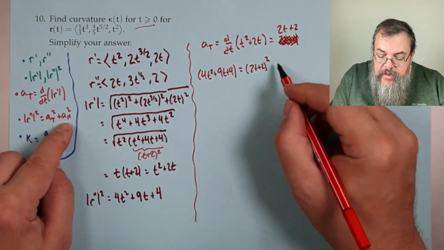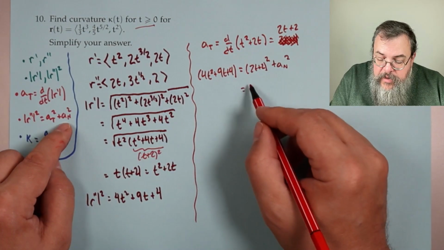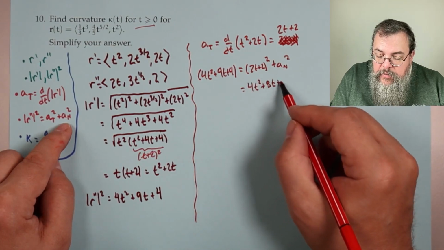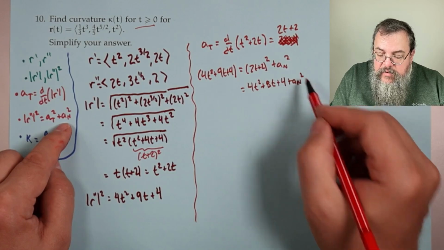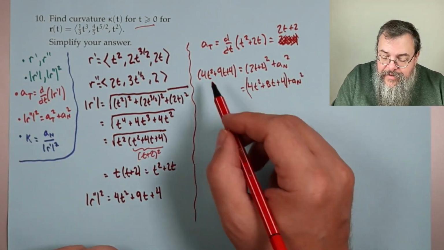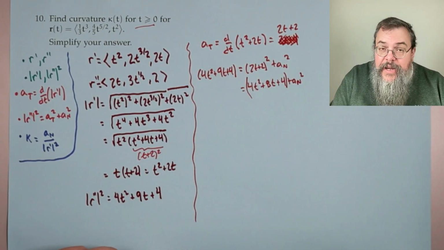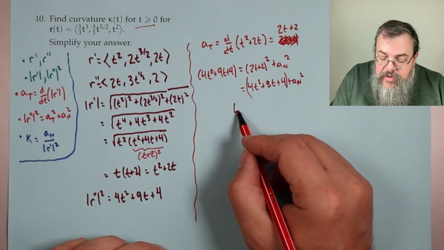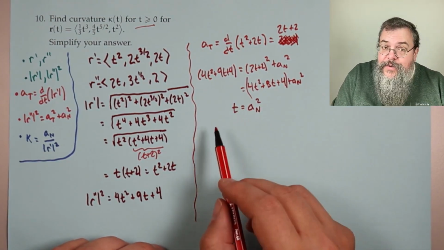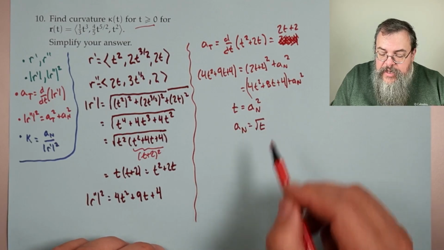That's our a sub t squared plus a sub n squared. Well, square that out. That's 4t squared plus 8t plus 4 plus a sub n squared. Now we can move stuff across. The 4t squared are going to cancel. The 4s are going to cancel. There's a 9t, subtract 8t, leaves us with t. Now that's a sub n squared. So a sub n is square root of t.